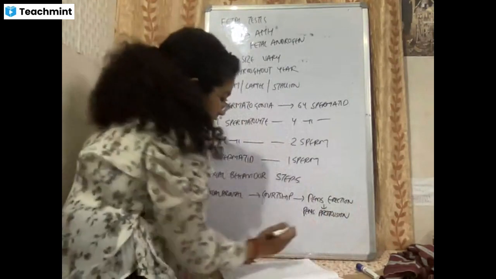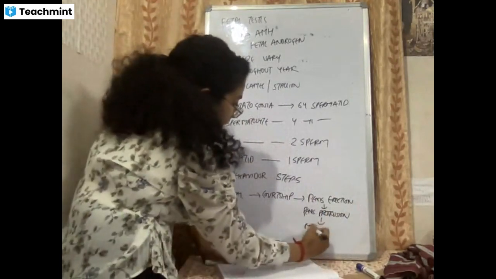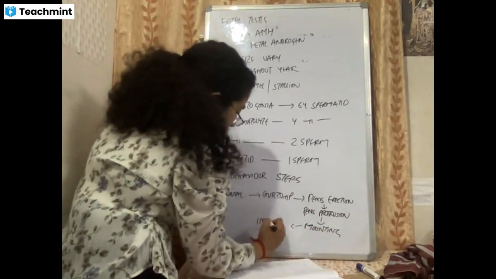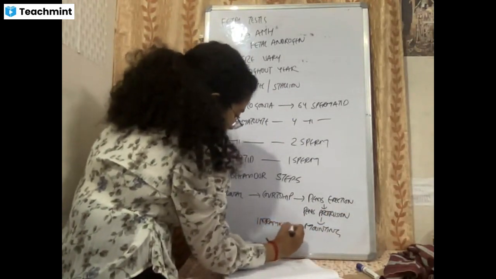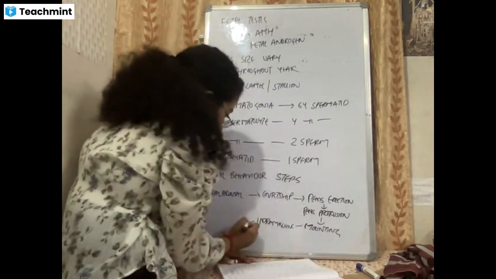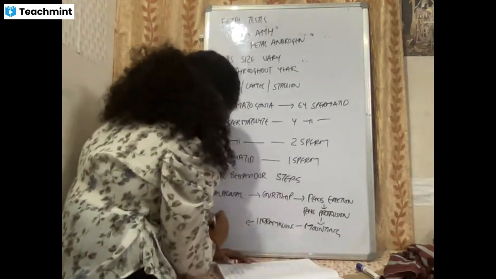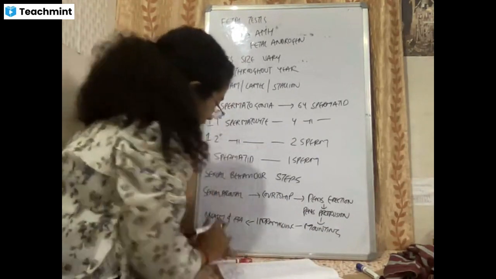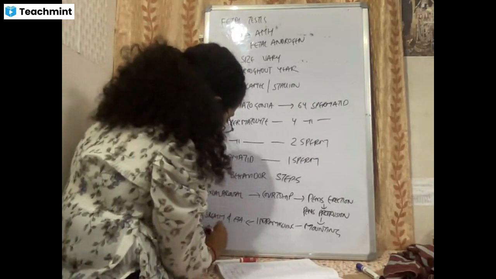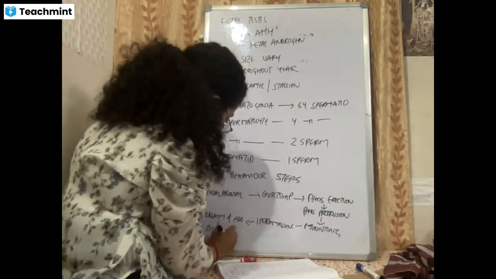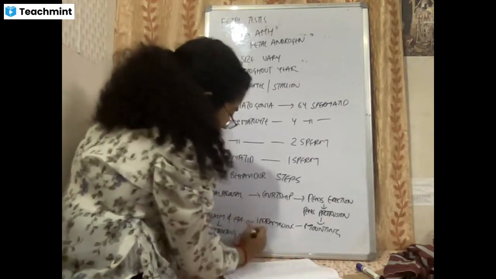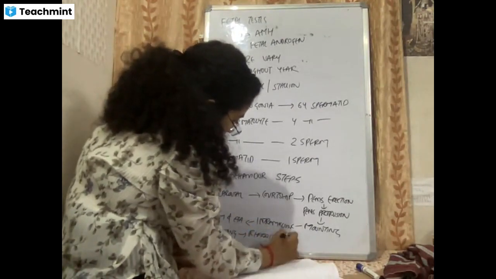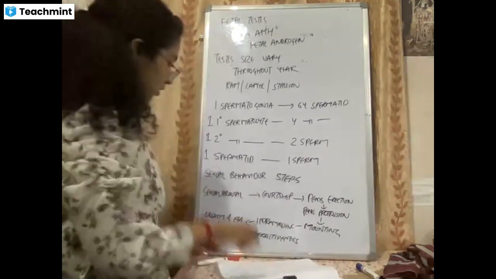Then we have mounting, then intromission, then orgasm and ejaculation, then dismounting, and refractoriness.